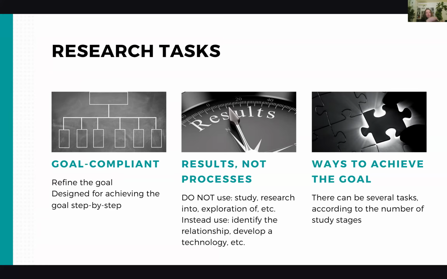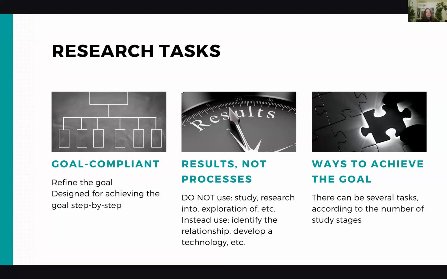So when you complete your research tasks, you achieve your goal. Once again, in most cases, you cannot achieve your goal in one step. So usually there are at least 3 or 4 or 5 steps you have to take to get there.